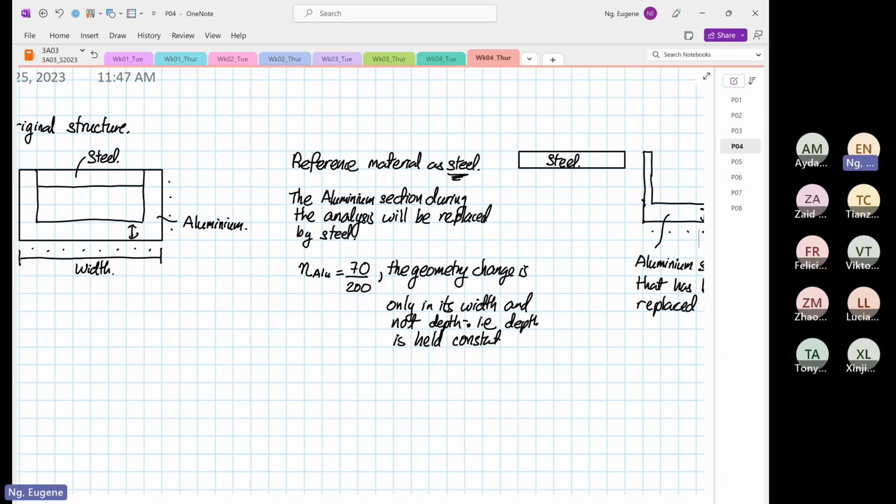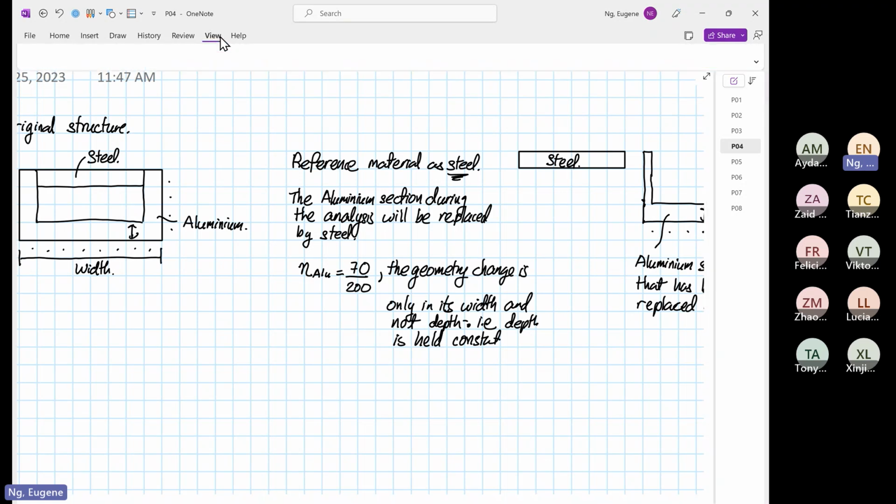Now, the reason why the depth is constant and the width is changed is due to the second moment of area. So I want you to recap the second moment of area. Okay, so hold on.